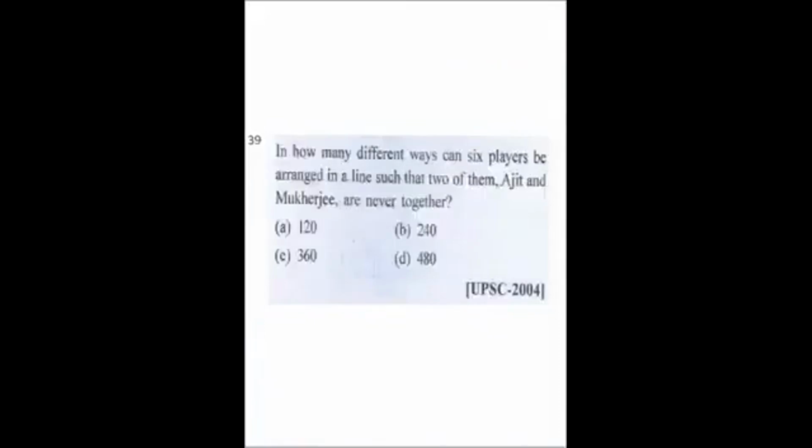In how many different ways can 6 players be arranged in a line such that 2 of them, Ajit and Mukherjee, are never together? So total number of ways are factorial 6 because 6 players are there. Now 2 of them are together, so we are making them as one player, so 6 minus 1, 1 has reduced, it becomes 5 factorial.